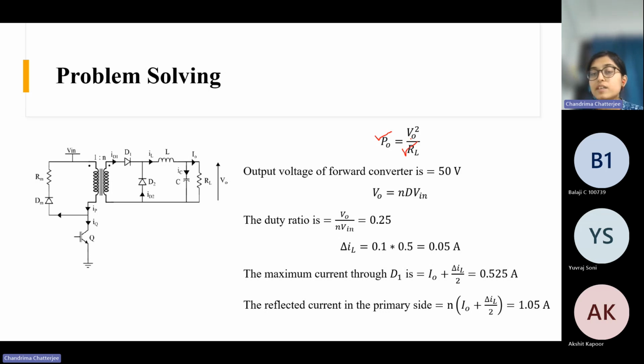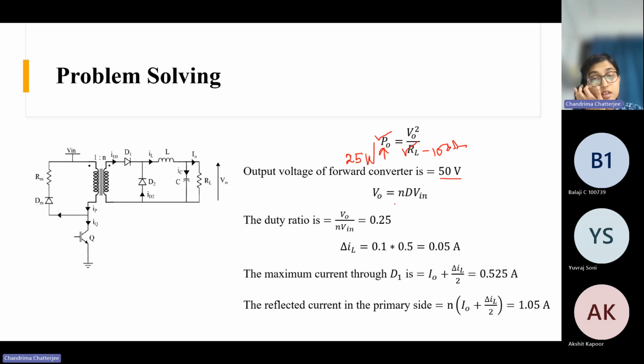From here we can find the output voltage. With 25 watt and 100 ohm, the output voltage is 50 volt.